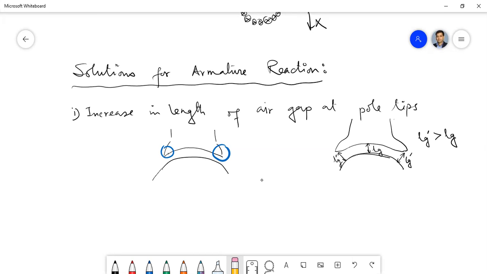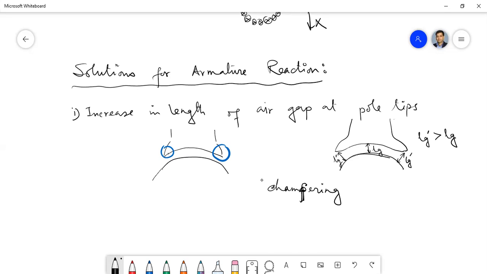Okay. Chamfering of the pole tips. So this is how we can increase the length of the air gap at the pole tips.